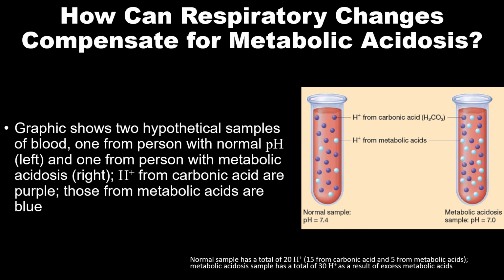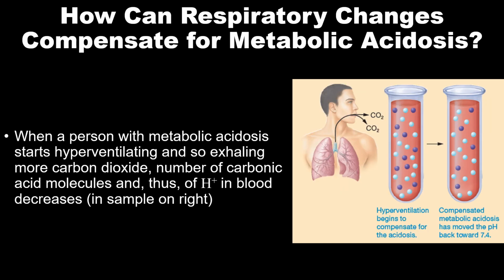Now, let's see what happens when this person starts hyperventilating and exhaling more CO2. So, as the number of CO2 molecules exhaled increases, the number of hydrogen ions in the blood decreases, and you can see that here on the right.